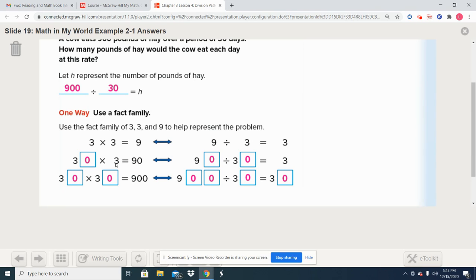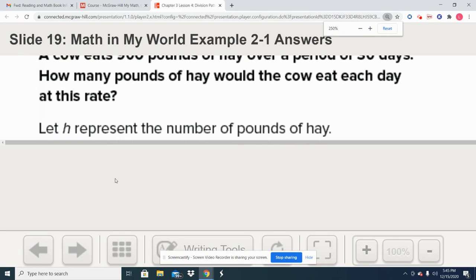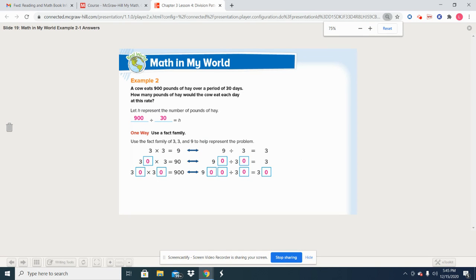And then if we were to add a 0 to the second number, it would be 30 times 30, and you would count the zeros, right? And when you're dividing, it's the exact same process.